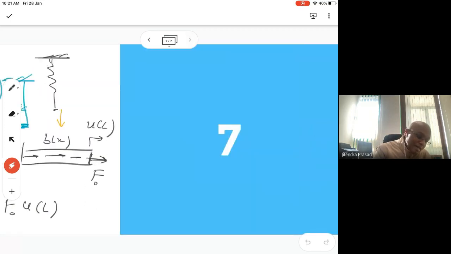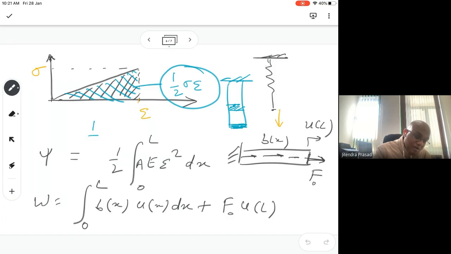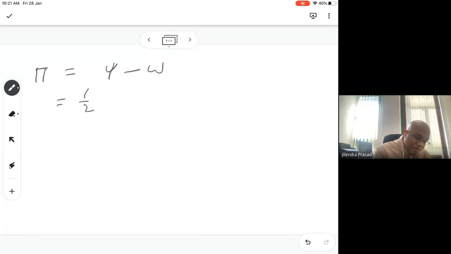So in that case, potential energy phi is equal to psi minus work done, and psi in this case will be half EA. Now we know that epsilon equal to du over dx, right?